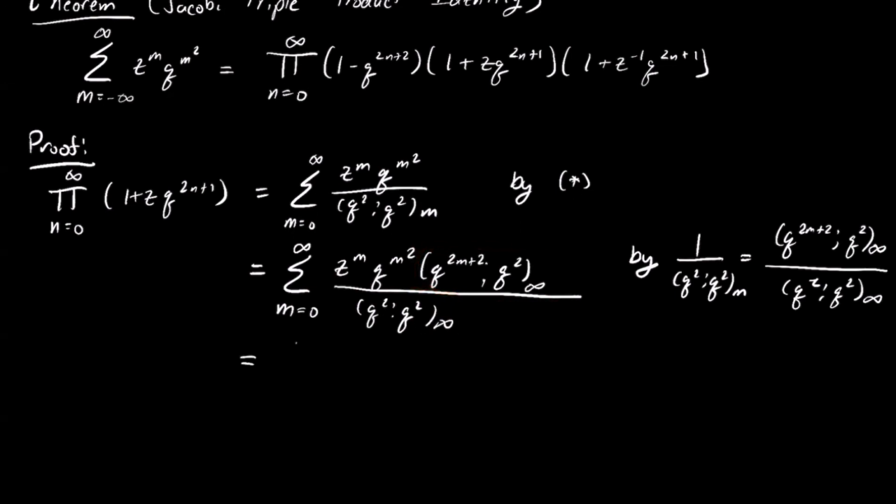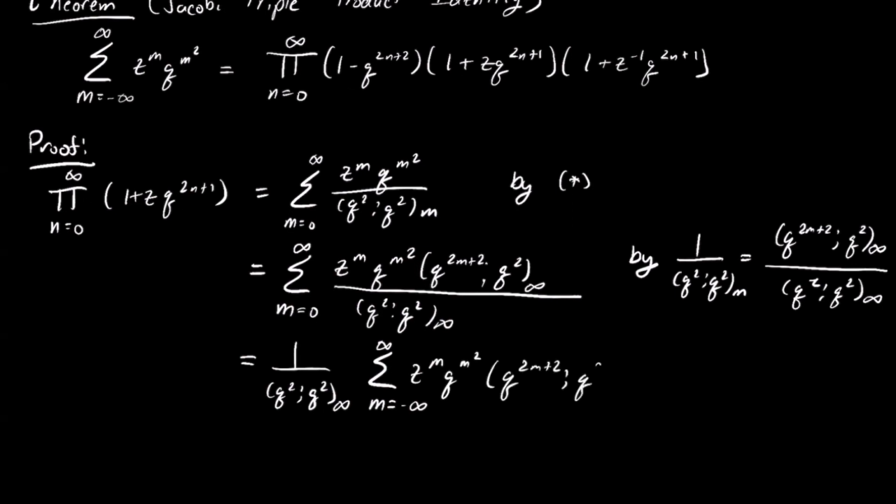I'm going to pull the 1 over (q^2; q^2)_∞ out of the sum, and I'll write this as the sum m goes from minus infinity to infinity of z^m q^(m^2) times (q^(2m+2); q^2)_∞, right? And this is since (q^(2m+2); q^2)_∞ is equal to 0 if m is less than 0.